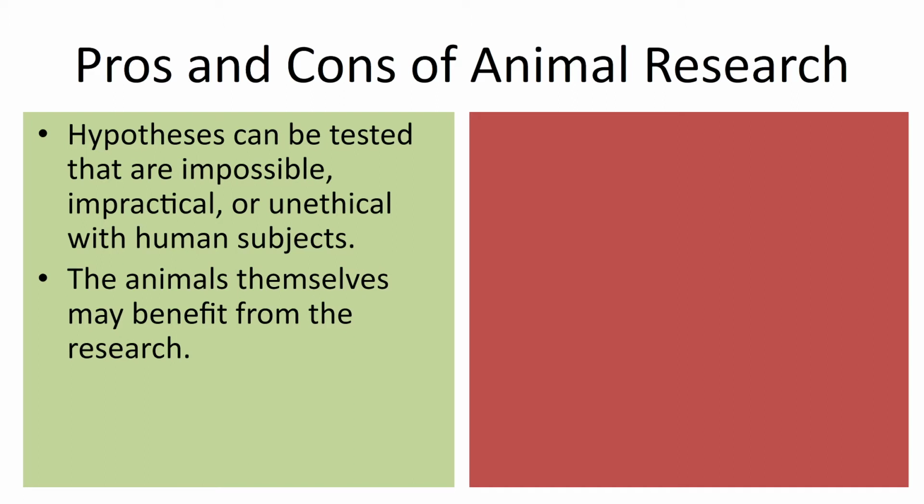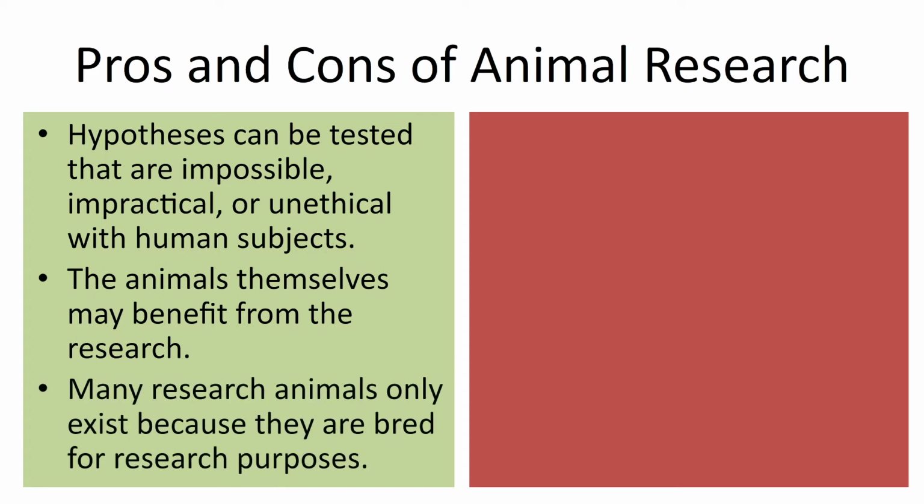But perhaps the biggest pro to doing animal research, one of the big reasons why animal research should be done, is that these animals wouldn't exist otherwise. Many research animals only exist because of research. Like if we didn't use them in research, they would never be born. So in my opinion, having animals is better than not.